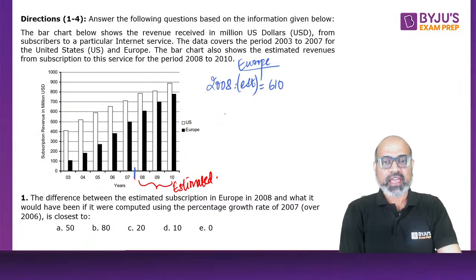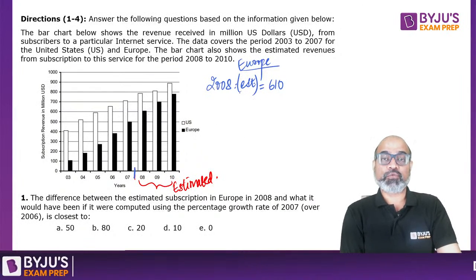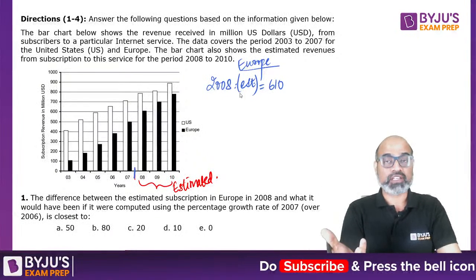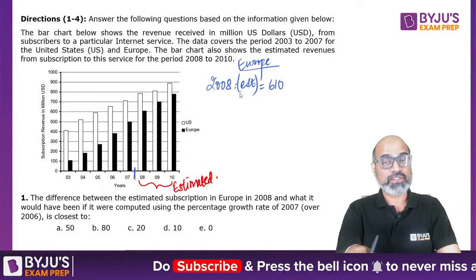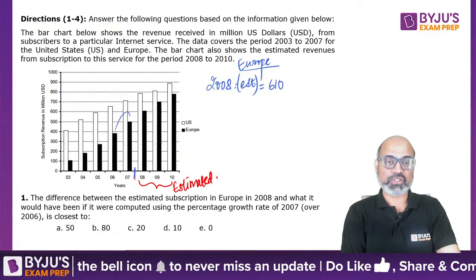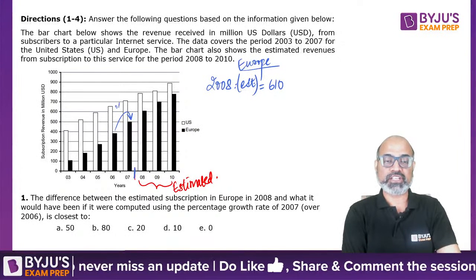Now they are asking what would have been the actual or the calculated 2008 estimated value instead of 610 if the calculation was based on 2006 to 2007 percentage growth.